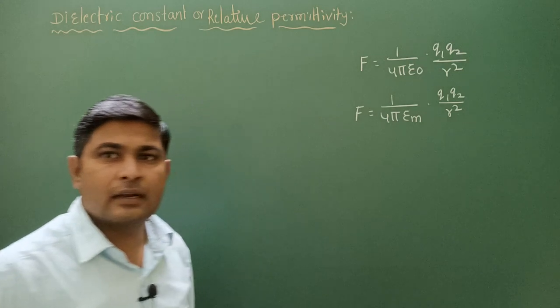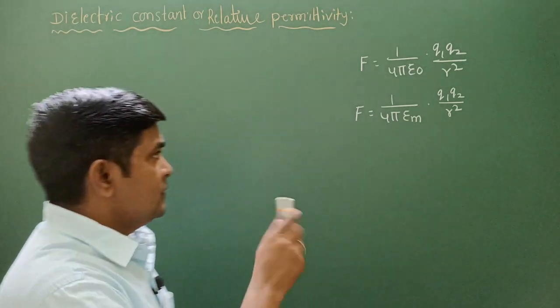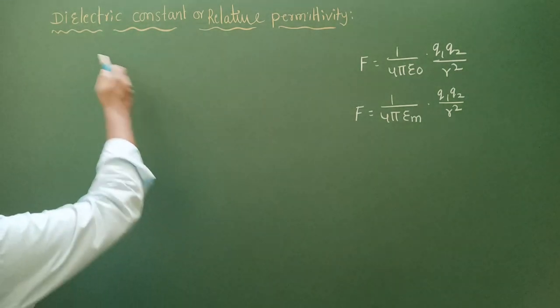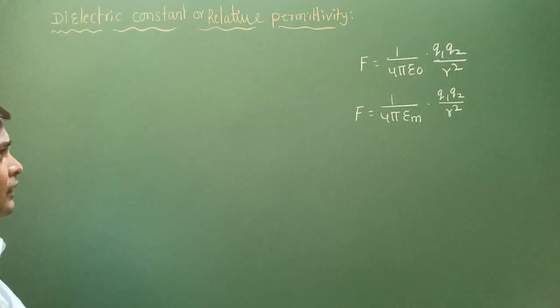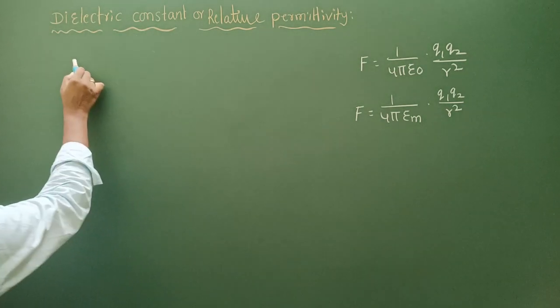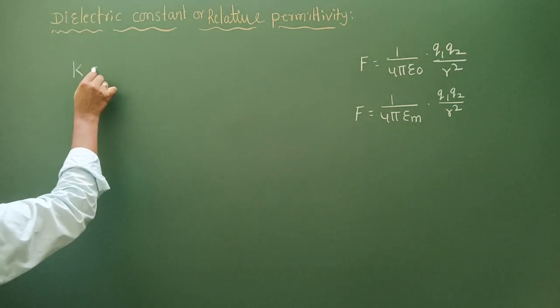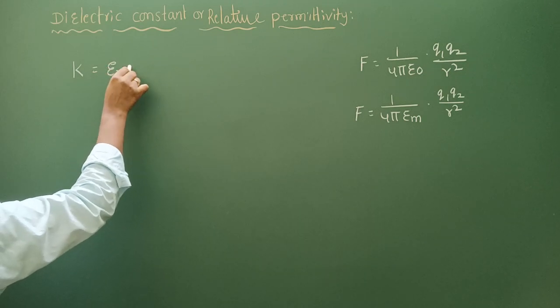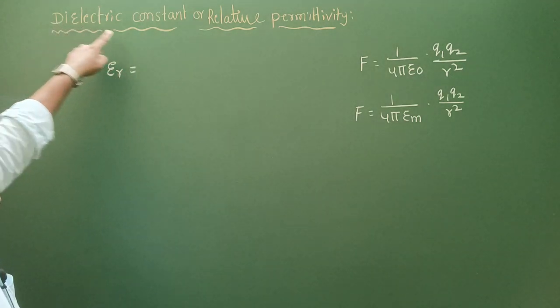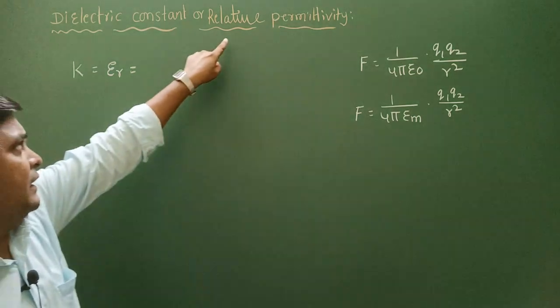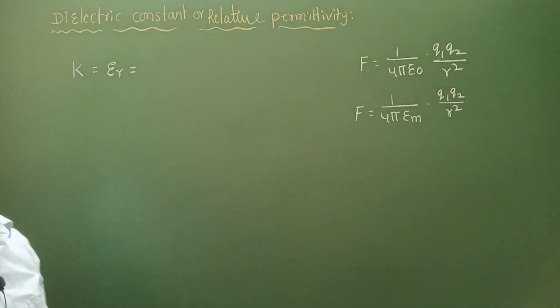Now, the dielectric constant is sometimes indicated with k and sometimes with epsilon r. So dielectric constant means k, or relative permittivity epsilon r.